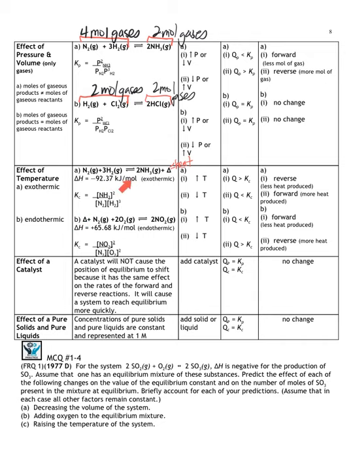Now I'm using Kc as the basis for this equilibrium reaction. Once again, I'm increasing temperature. So what do I want to do? I want to find a way to undo that by decreasing temperature. How do I decrease temperature? Do I go forward, making more heat? Or do I absorb that heat and go reverse?